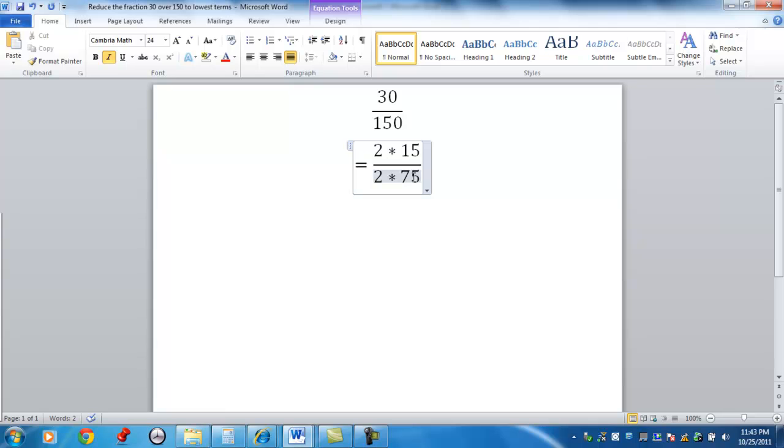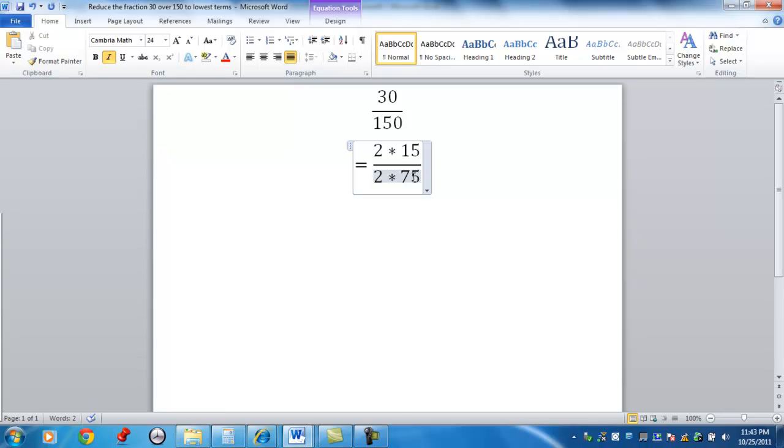Now if I look at a number in the numerator and denominator, if they're both even, meaning that an even number is divisible by a number that ends in a 2, 4, 6, 8, or 0, if they're both considered to be even, then they have a factor of 2.